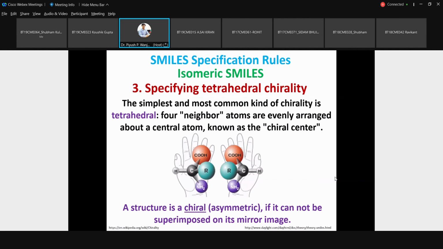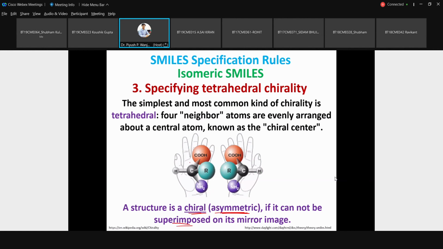In these particular cases also you can have SMILES representation and you can come to know whether the structure is right-handed or left-handed. You can consider that if you see this structure and this structure, they are not the same. You might have studied that these are called chiral or asymmetric structures, even though they look the same, but you cannot superimpose them on their mirror image.